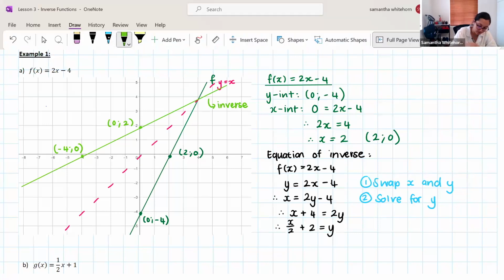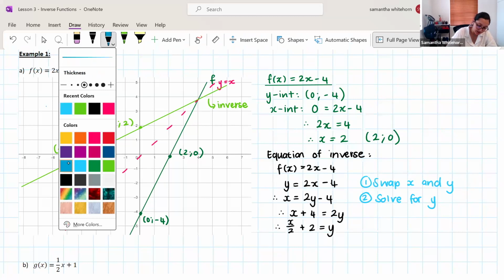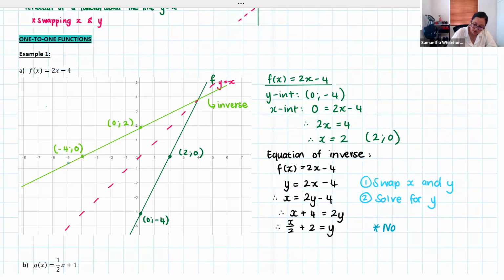Right, so as we go on this journey here, another thing I want you guys to be mindful of is your notation. If the inverse is a function, we can use a specific type of notation.